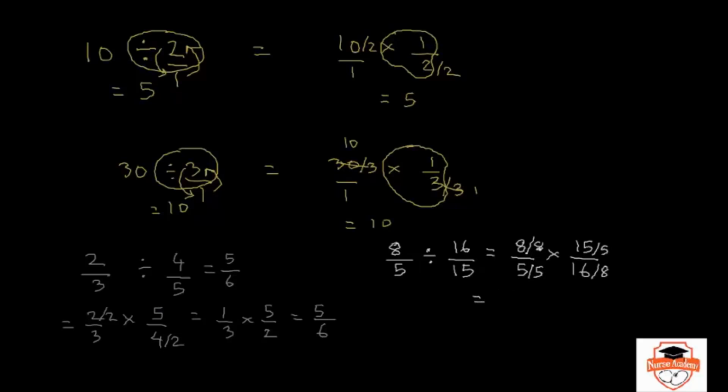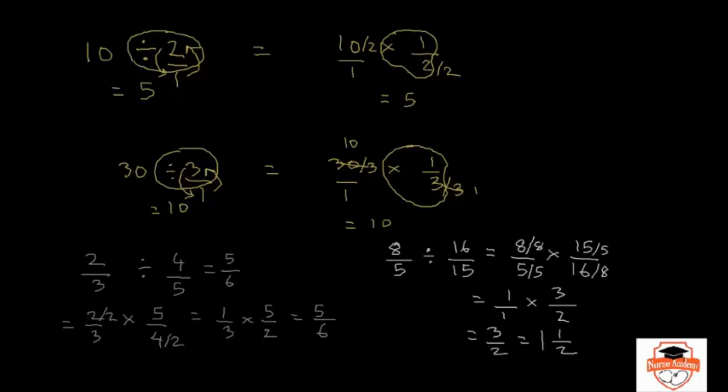So you get 1 over 1 times 15 divided by 5 is 3, over 16 divided by 8 is 2. So this is 3 over 2, an improper, top-heavy fraction, so it can be changed over to the mixed number 1 and 1/2. Therefore, 8/5 divided by 16/15 is 1 and 1/2.